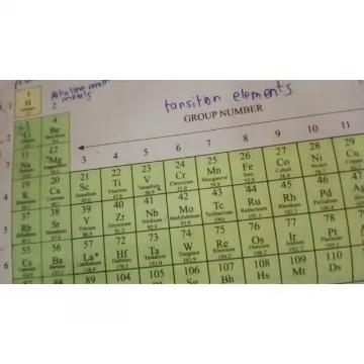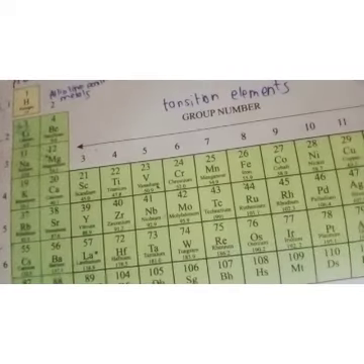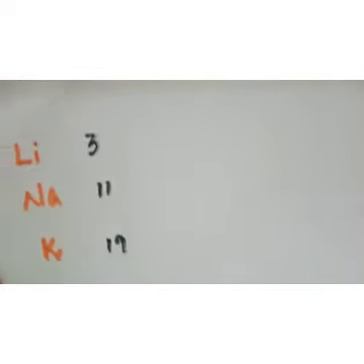Let us see the first group elements: lithium, sodium, potassium, isn't it? Let us see how to write the electronic configuration. So we have different shells, K, L, M, N shells. For example, I am taking 3 elements: lithium with atomic number 3, sodium with atomic number 11 and potassium with atomic number 19.